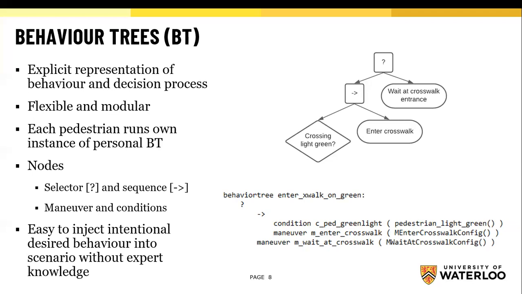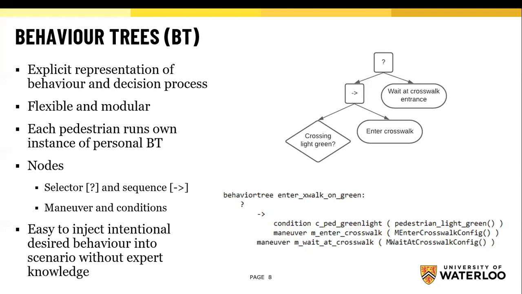And then the leaf nodes of the trees are the maneuvers and the condition nodes. If you see on the right side, we have condition nodes as the diamonds and maneuvers as the ellipses. After these leaf nodes are evaluated, they return a status, which can be success, failure, or running. These statuses help the internal nodes, the selectors and the sequences, to dictate the flow, to know what node to visit next.